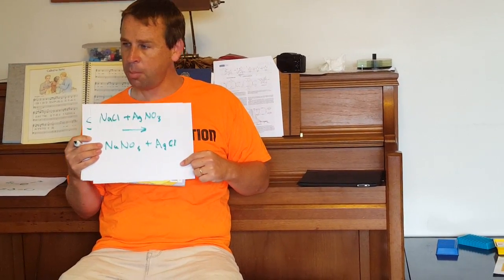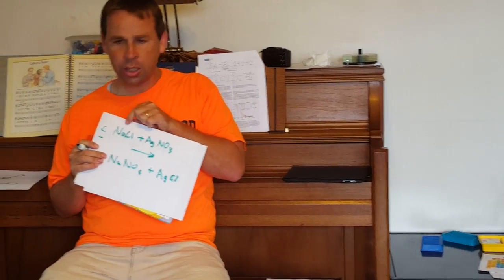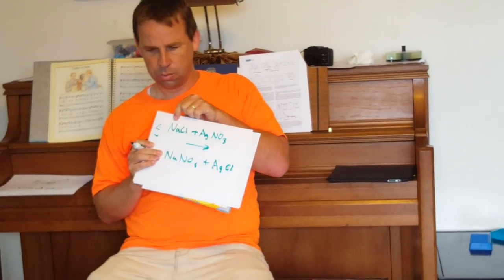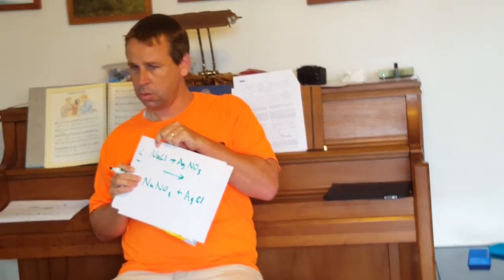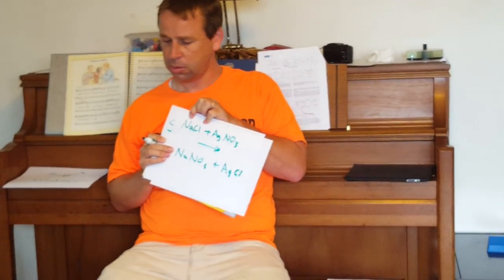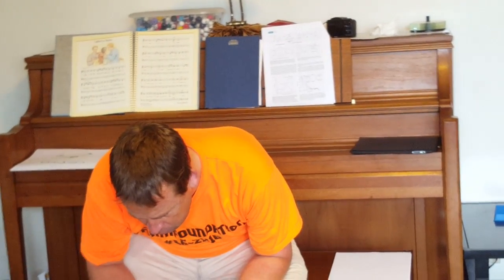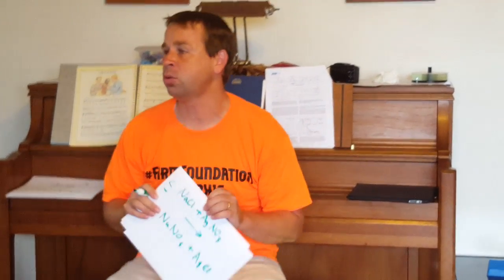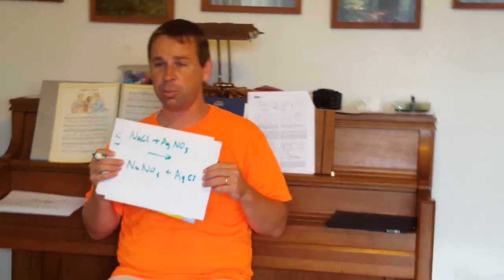Ionic compounds. What's the ionic charge on sodium in this compound? Plus. Well, once you add it together, it's 0. But just the sodium ion itself, what's the charge on it? Plus, because it had 11 electrons and wants to have 10, so it gets rid of 1, giving it a positive charge.